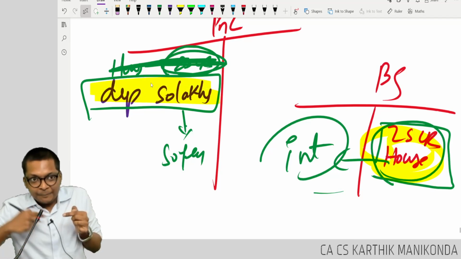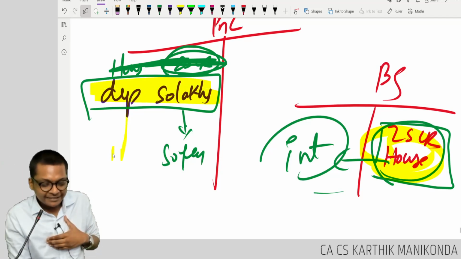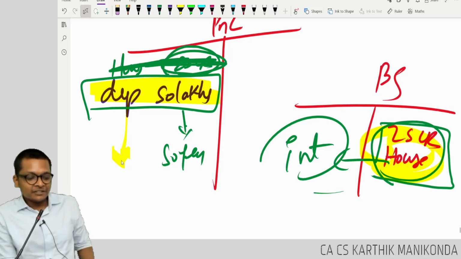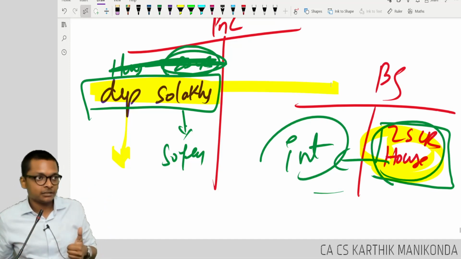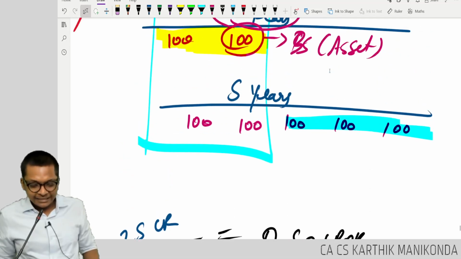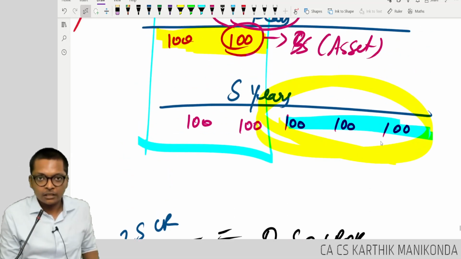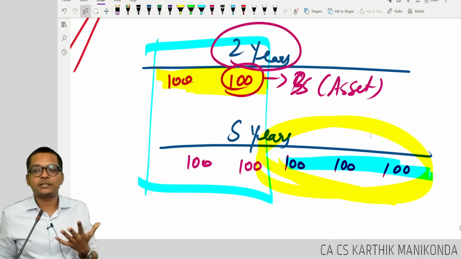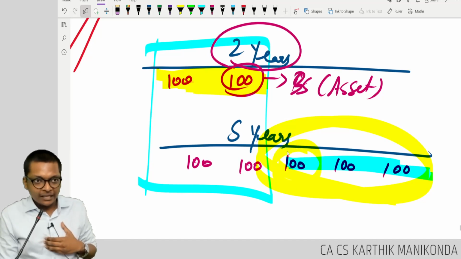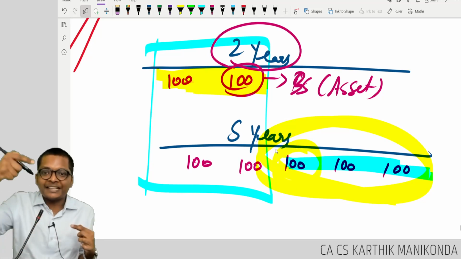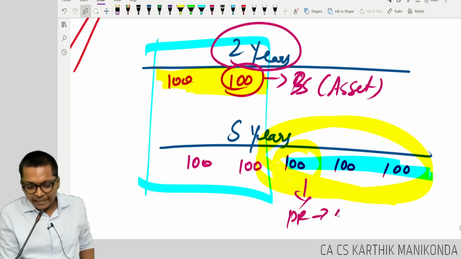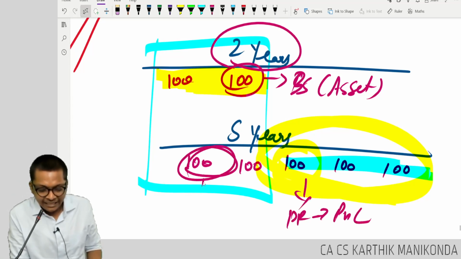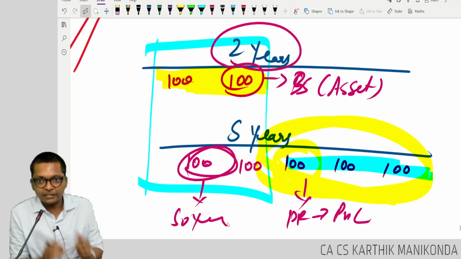That means in the subsequent years, this depreciation includes interest, which is being spread over the next 50 years. Are you able to see the concept, guys? And this interest of year 3, 4, 5, I am not building any asset. In the expense of 100, am I getting any benefit for the next year? Nothing. That's why this full 100 is debited to my P&L. But this 100, I get benefit for the next 50 years, so I'm apportioning.